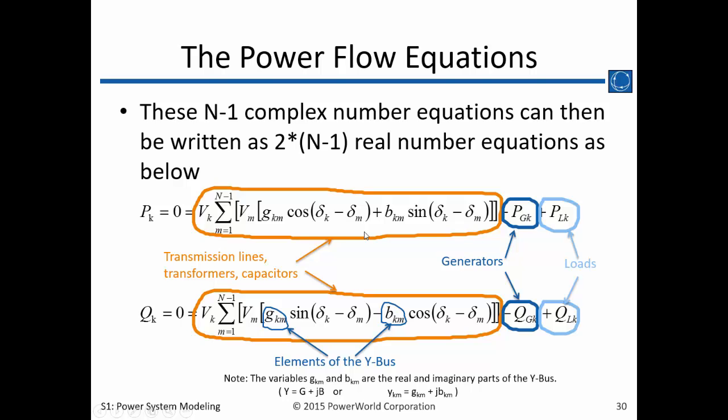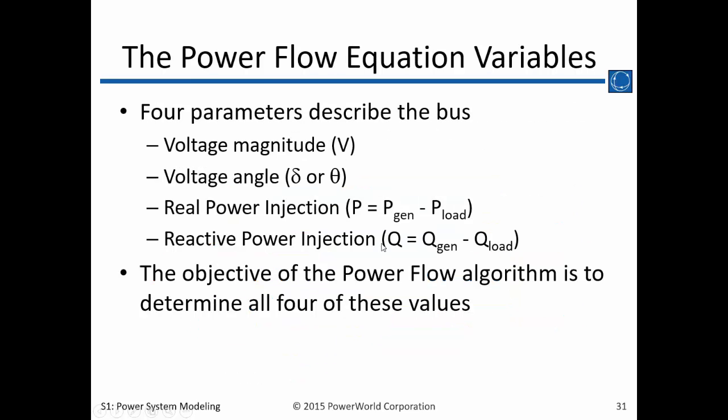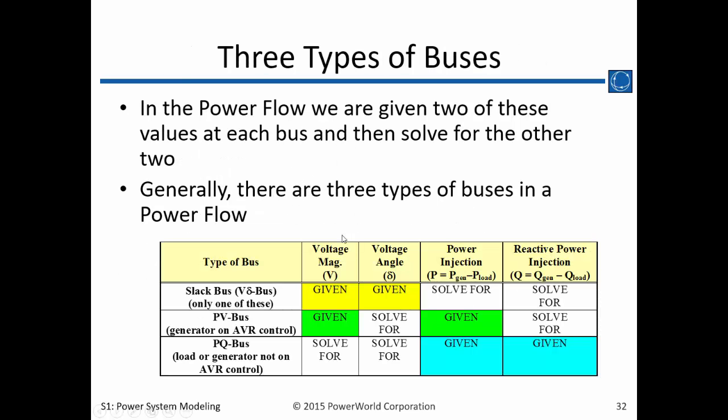For the variables of the power flow equation, there are 4 parameters that describe a bus: voltage magnitude, voltage angle, real power injection, and reactive power injection. The objective of the power flow is to determine all 4 of these values. There are 3 types of buses in a power flow based on what we know and what we're calculating at each bus.